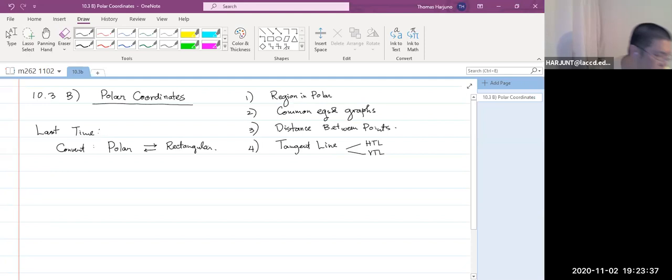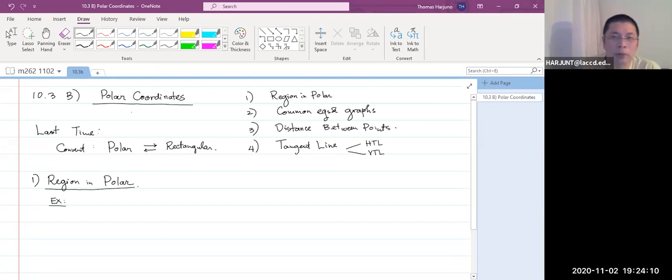Now we will see inequality in polar coordinate system, which then will represent some region. Actually, I would prefer to deal with common equation first. But anyway, region in polar, for example, I think at the same time, I will talk about the equation then.